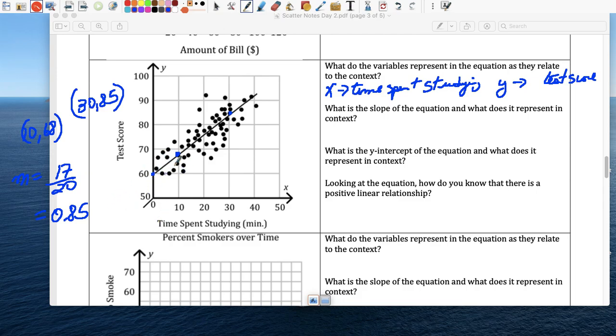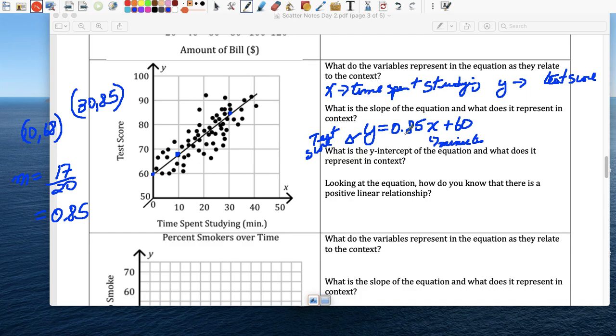My equation: I already have the y-intercept, so I don't have to go ahead and find b. I already have b, and it's 60. So my full equation is y equals 0.85x plus 60. So that means for every minute, y represents my test score. So remember, y represents my test score, and x represents the minutes.